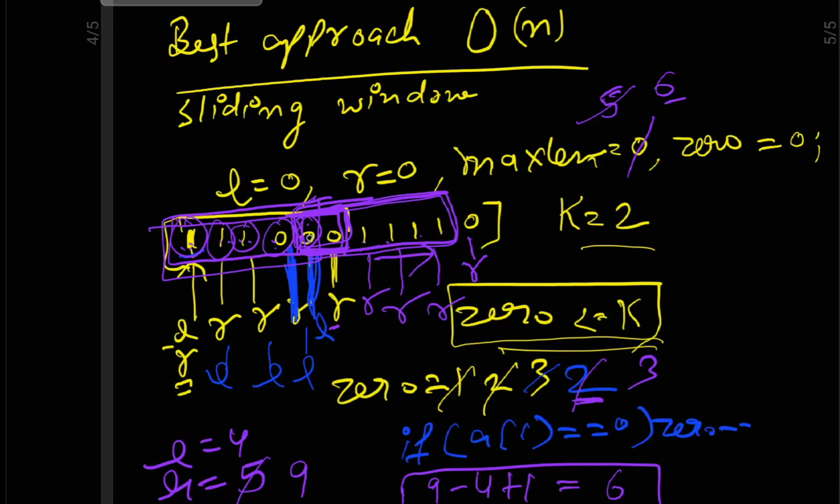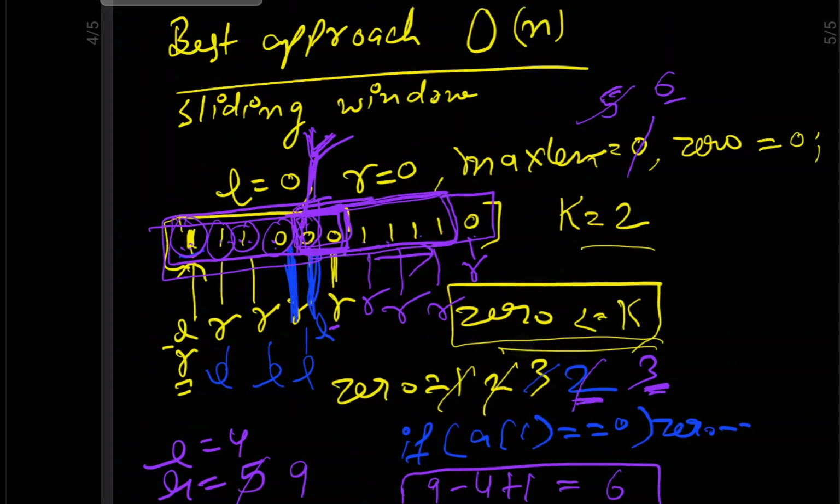My left is at this position. I will start shifting my left because the condition is broken here. My right will move every iteration.